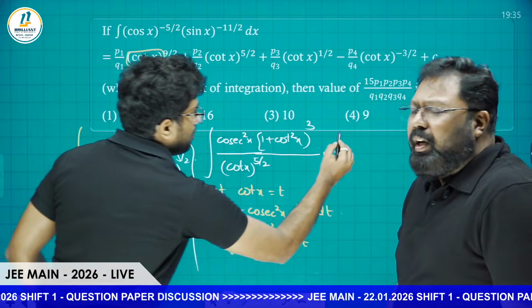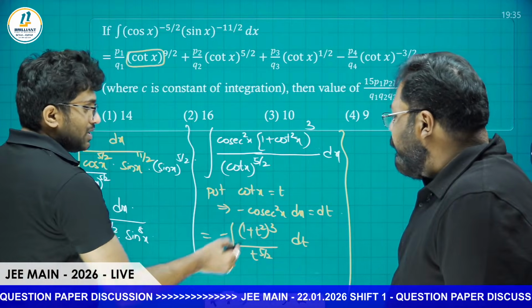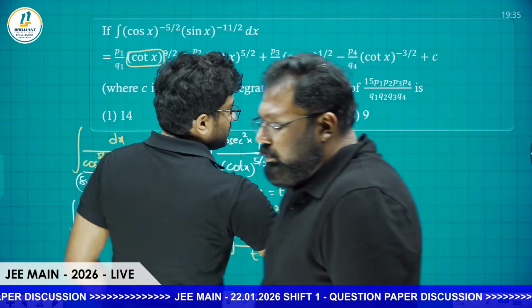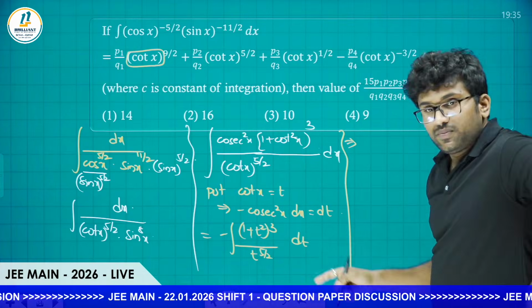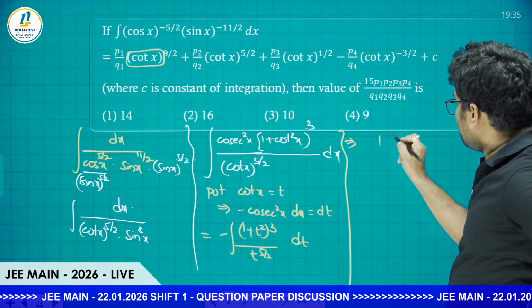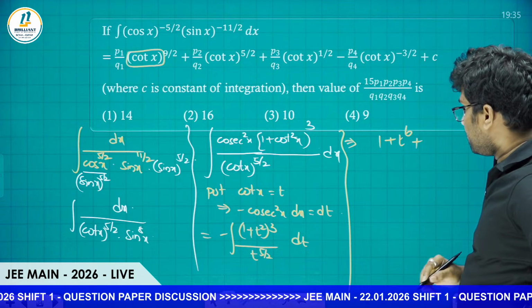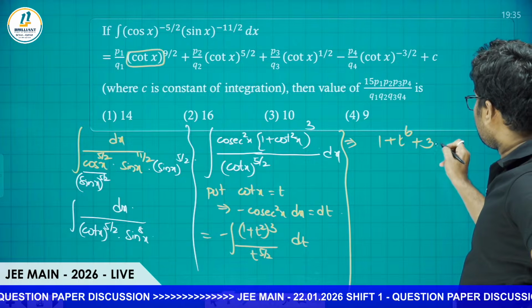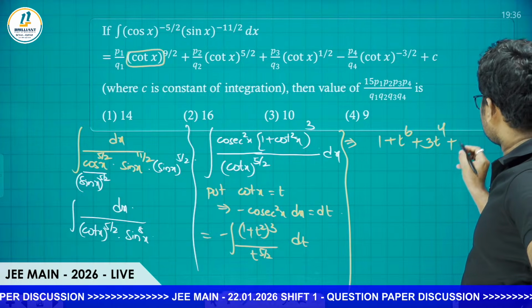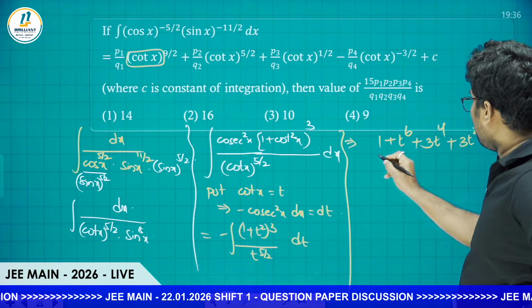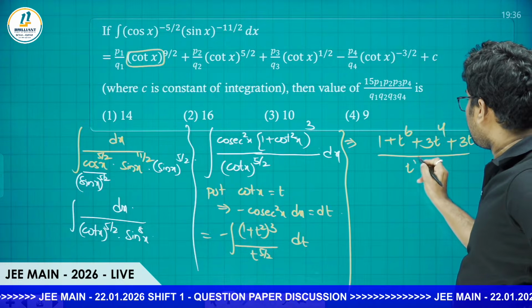It is only simple integration. (a plus b) whole cube is a cube plus b cube plus 3a square b plus 3ab square, that is 1 plus t power 6 plus 3t power 4 plus 3t square, divided by t power 5 by 2. Please don't forget the minus.